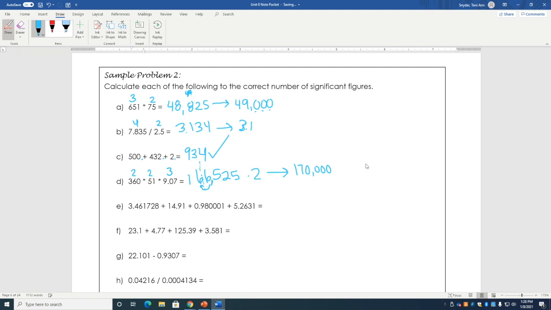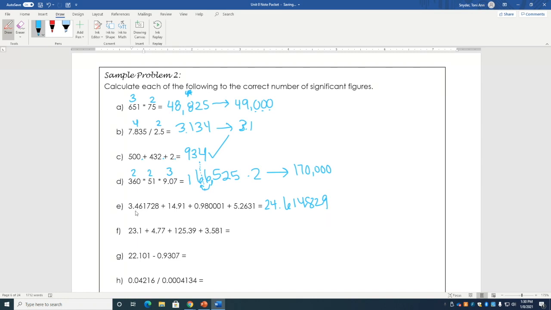Just type those in your calculator first. And the answer your calculator tells you is 24.614829. We need to round this appropriately using the rule for addition and subtraction. And for addition, we have to consider which one of these numbers has the least number of places after the decimal point.